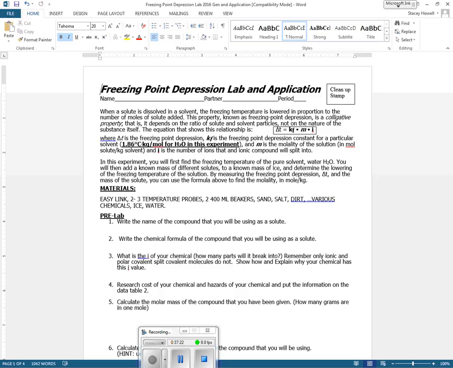When a solute is dissolved in a solvent, the freezing temperature is lowered in proportion to the number of moles of solute added. This property, known as freezing point depression, is a colligative property. That is, it depends on the ratio of solute and solvent particles, not on the nature of the substance itself.